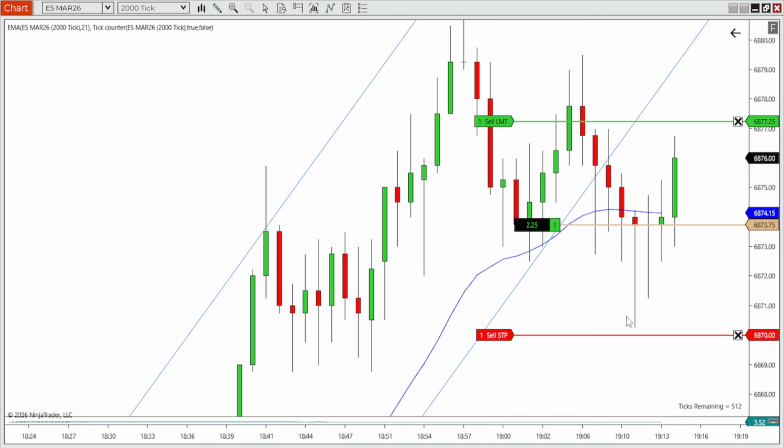Wow, quite a volatile market. Went all the way up to here, down here, then all the way up. It wouldn't even be a surprise if we push all the way down here again, but hopefully not.